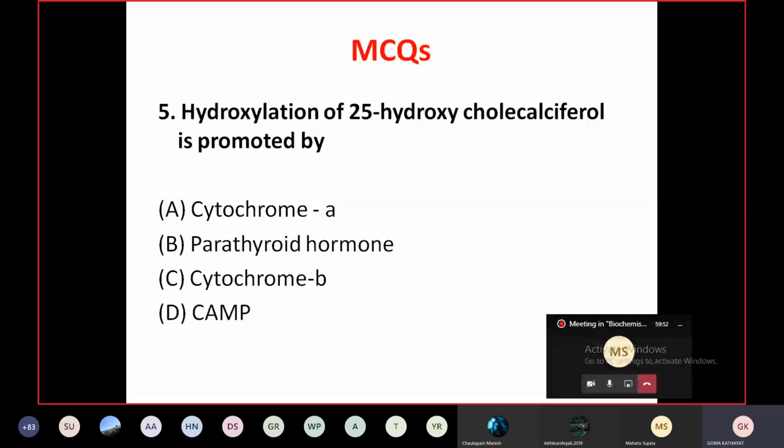If there is a low level of calcium in the serum, it stimulates the parathyroid gland to release parathyroid hormone, which then activates the 1-hydroxylase in the kidney. But if there is a low level of phosphate, it directly activates the 1-alpha hydroxylase. That means phosphate has a direct effect on the 1-alpha hydroxylase, but calcium has an indirect effect via the parathyroid hormone. Understood? I think this was it for today.